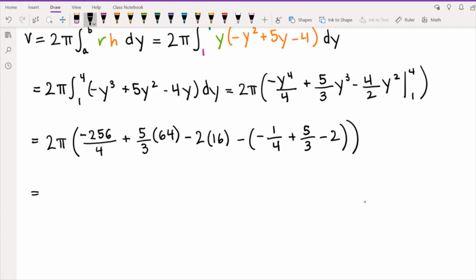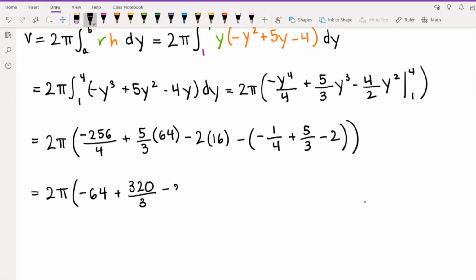Okay, so let's simplify things a little bit and see what we can combine here, and then we'll make a common denominator with whatever is left over. So 256 divided by 4 is 64, so this is negative 64. And then we have 64 times 5 in the numerator, and so that's going to be 320.